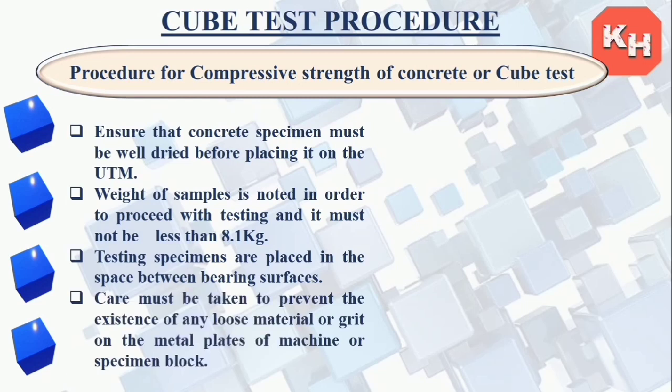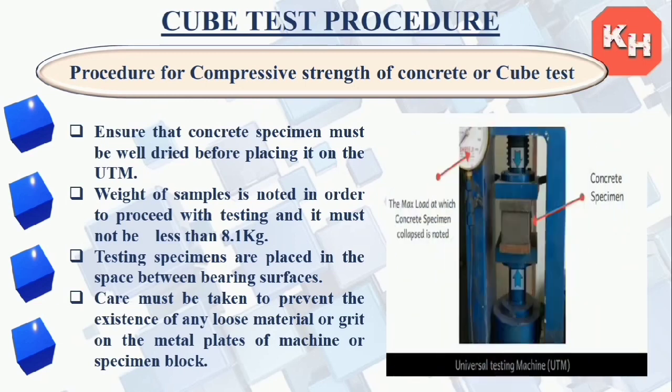Care must be taken to prevent the existence of any loose material or grit on the metal plates of the machine or specimen block. Here in this picture we can see the universal testing machine. It is the maximum load at which the concrete specimen collapses that is noted, and this is a concrete specimen. Here the pressure is applied from the upper side and from the lower side.